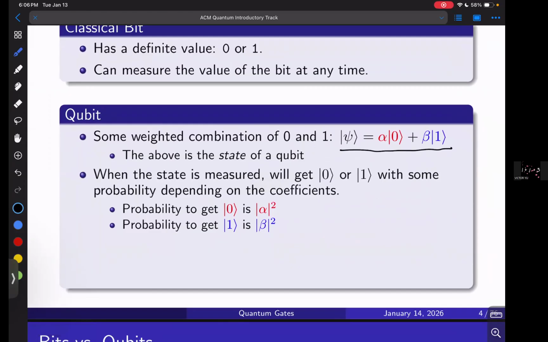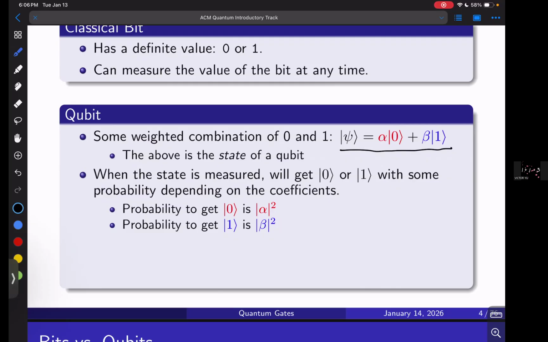After you're done with whatever quantum computation you decide to do, you perform a measurement on the state, and the formalism is that you have some probability of measuring either a 0 or 1. The important part is that while the state itself can be a combination of 0 and 1, when you actually perform a measurement, you get a classical outcome, which will be 0 or 1 for sure.